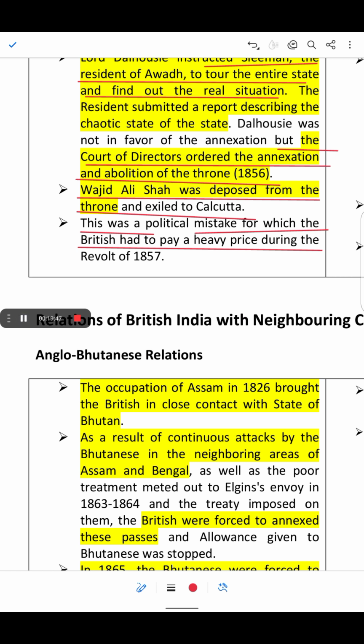So Awadh was one of the oldest Indian states under British control. It was brought under the subsidiary alliance, an agreement with the British in 1801. The Nawab of Awadh ruled for a long time. By the time of British control, the Nawab was Wajid Ali Shah.